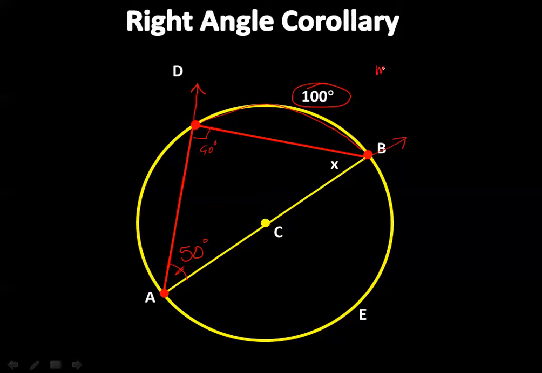We say the measure of angle DAB equals half the measure of arc DB. So I'm going to let this be x, and I've got my half, 100, and then most of us know that half of 100 is 50.